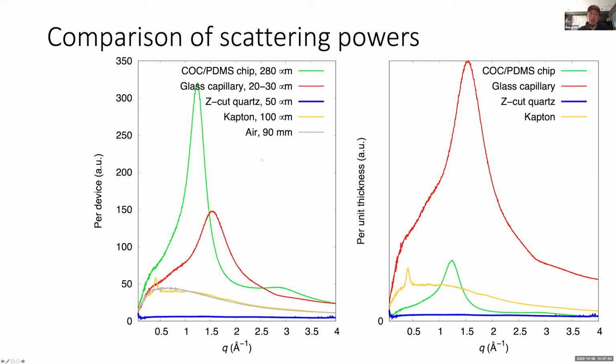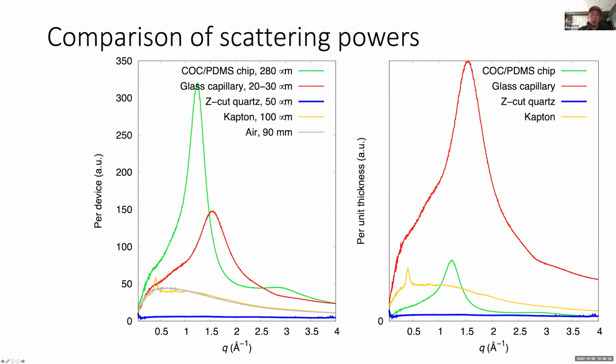Instead, with glass, we know the glass capillary, they can pull the glass to about 20 micron wall thickness. So it's realistic to make a 20 micron to 30 micron thin device. So per thickness, glass looks really bad, but if you can make a thin device, it's not that bad compared to plastic.